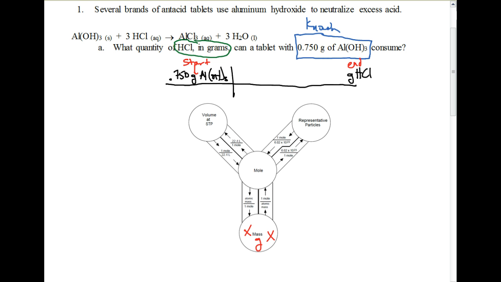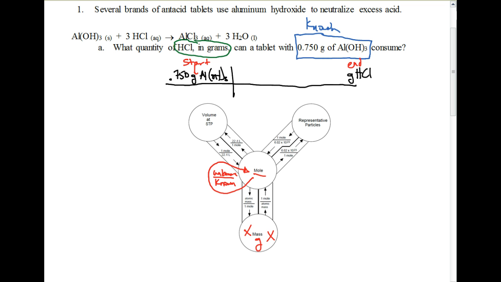And remember, because we have two different substances, we have aluminum hydroxide as our starting point and we have HCl as our ending point, we need to go up the mole road from grams to moles. And then remember, we put into our mole road our kind of roundabout there, and we said we were going to put our unknown over our known from our balanced equation.